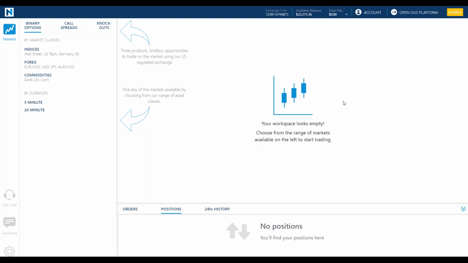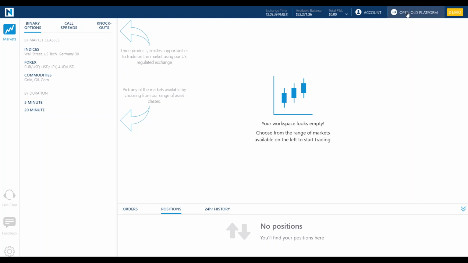The one thing I do want to point out is if you still would prefer to use the old platform, you'll notice that you can go to the old platform. We're not taking it away yet. It will remain there for a period of time, but we want to encourage people to start using the new experience once we've got all of the functionality ported over, and we're really pleased with how the new platform is performing, which is much better when it comes to charts.